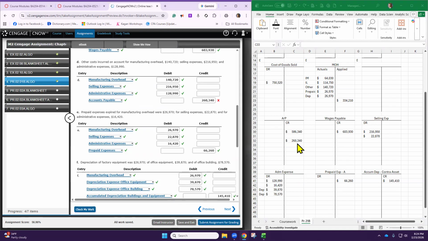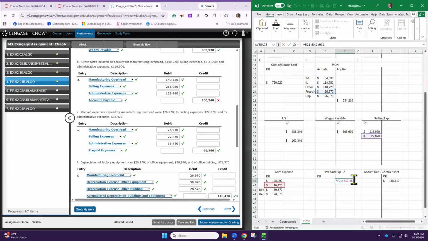Sorry, guys. 950, 16,420, and 26. This other. So prepaid expenses. Here we are.